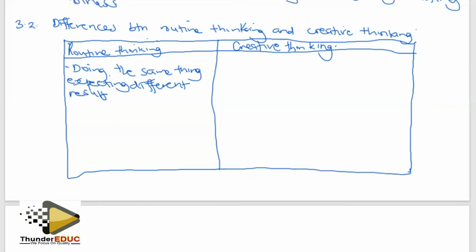You see, expecting different results. This is very, very bad in businesses. We are in a situation where we are supposed to come up with a lot of new things, new ideas, something new and original.